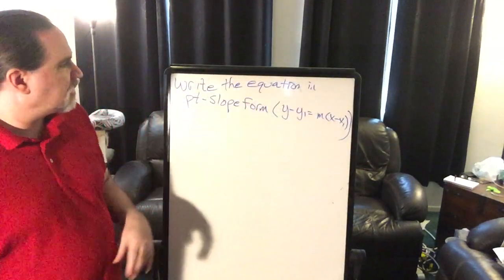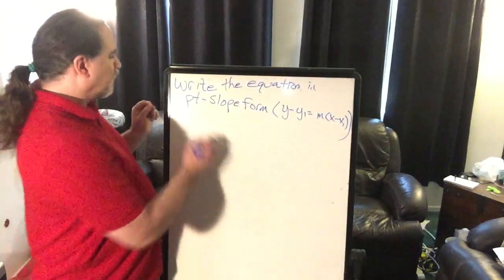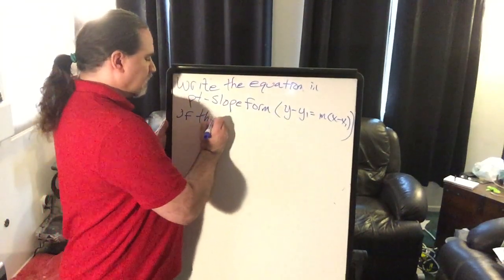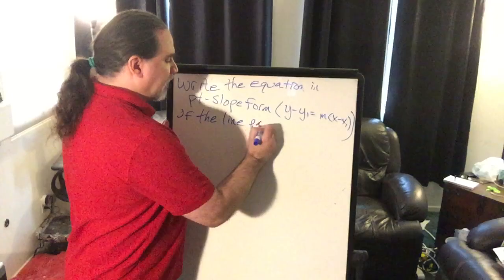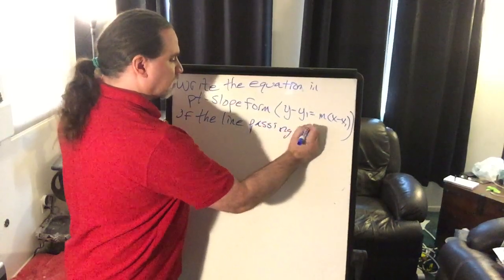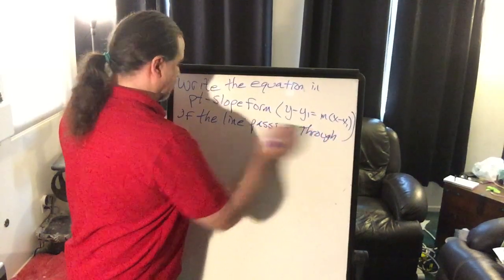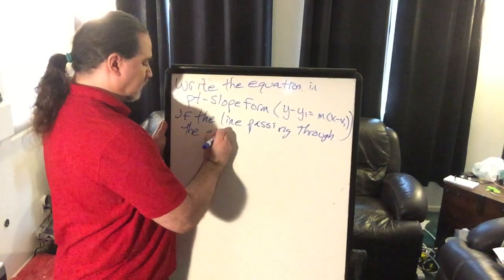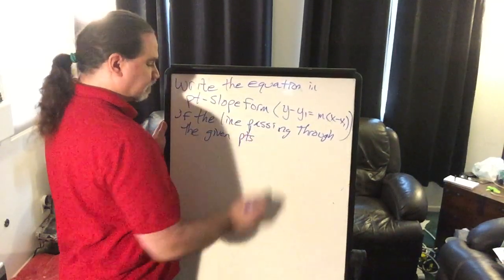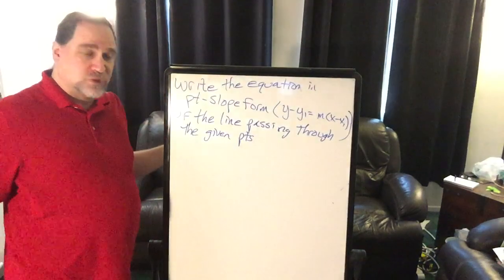Okay, so write the equation in point-slope form of the line passing through the given points. And I'm just going to give you 2 points here.